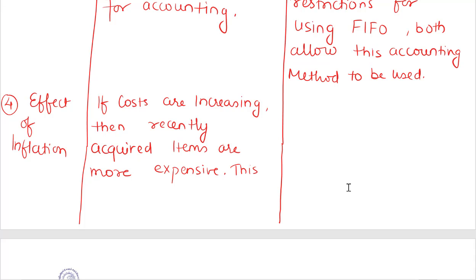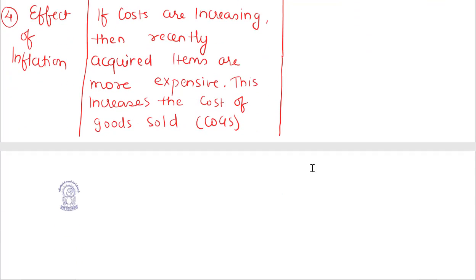This increases the cost of goods sold, COGS, under LIFO, and decreases the net profit.